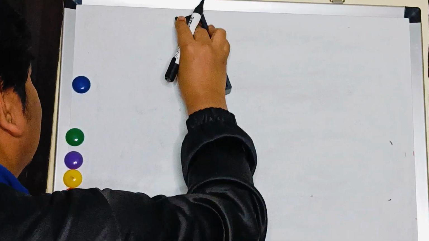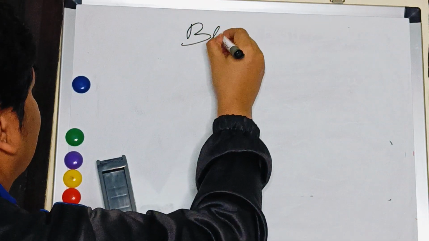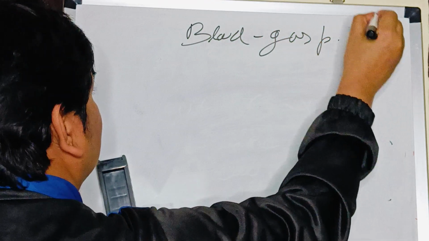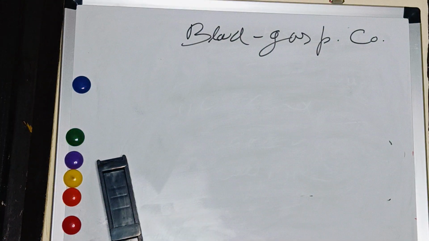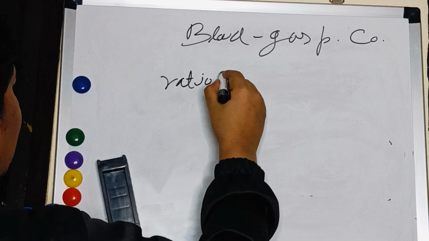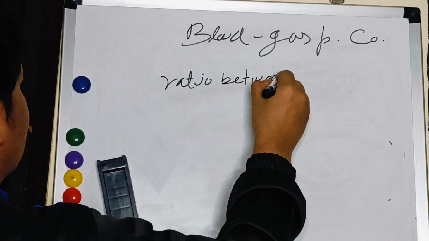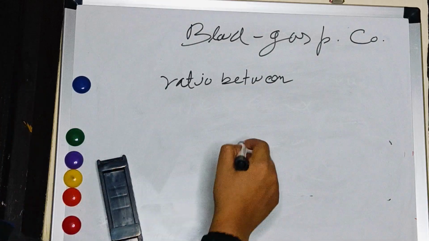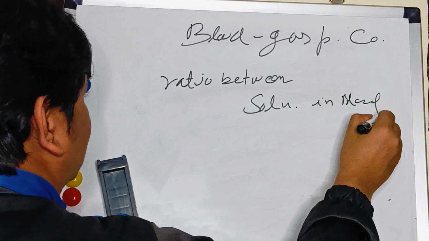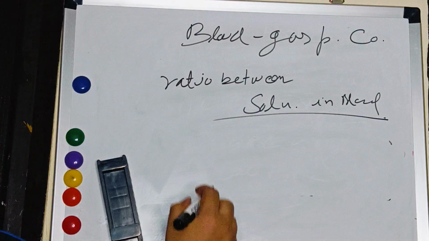Now one more term that comes to mind when we discuss inhalational agents is blood gas partition coefficient. So blood gas partition coefficient is also a ratio between the solubility of the anesthetic drug in the blood by solubility in gas.